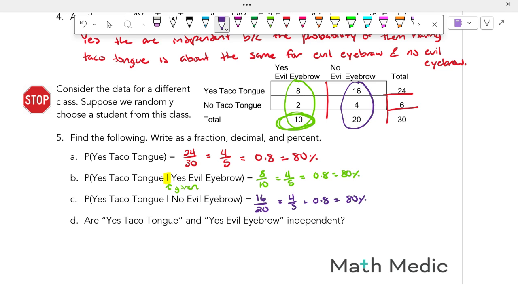So yes, they are in fact independent. Why? Anyone? Right. If we look at the two probabilities of the taco tongue happening with the evil eyebrow and without the evil eyebrow, they are exactly the same. So yes, they are independent for that reason.